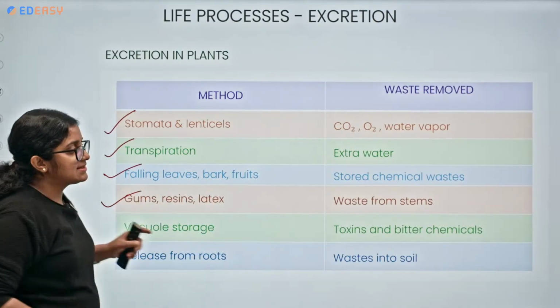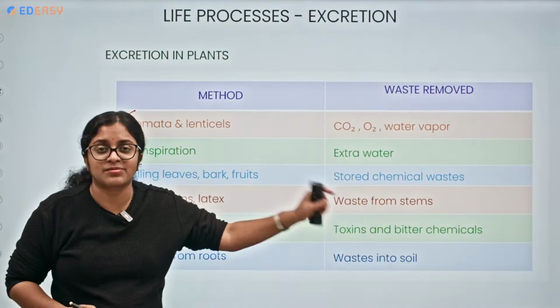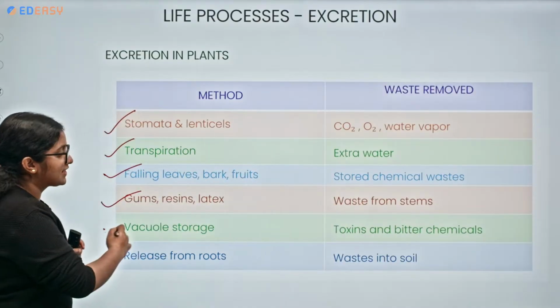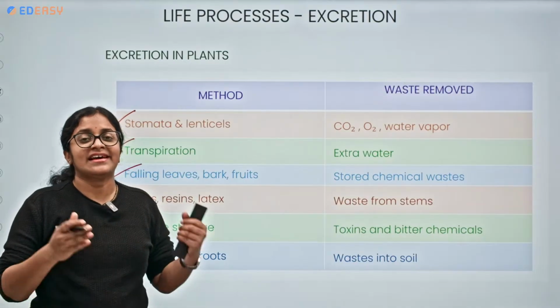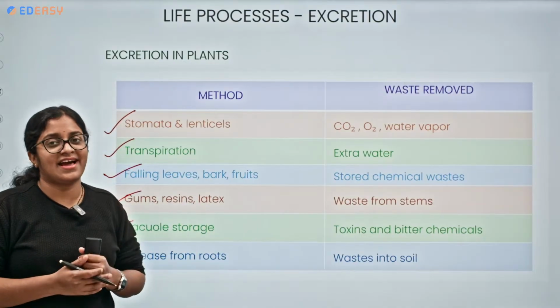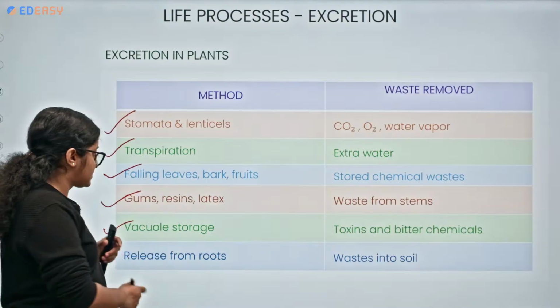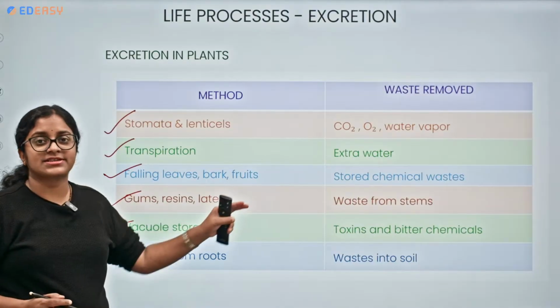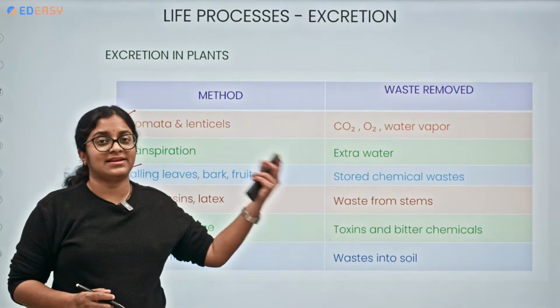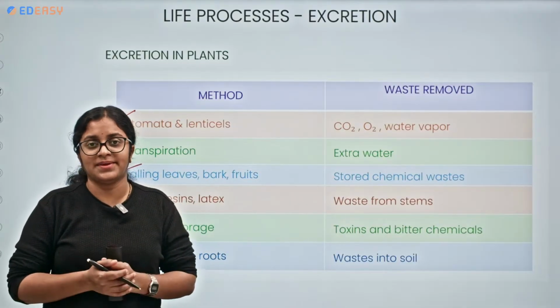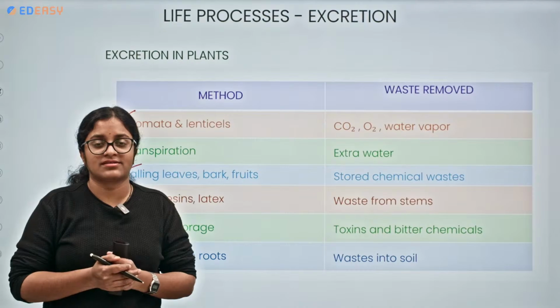Gums, resins and latex are removed from the stems. In vacuole storage, toxins, toxic salts and bitter chemicals are stored within the large vacuoles. And the roots release the waste into the soil water, from which there is an elimination of the substances. Okay, got the point, everyone?